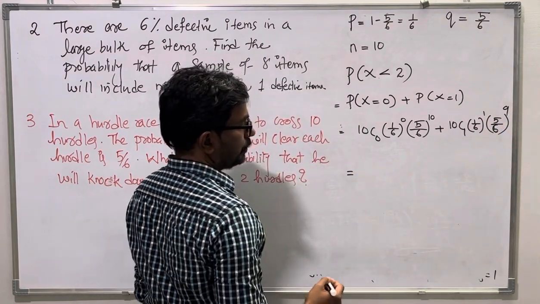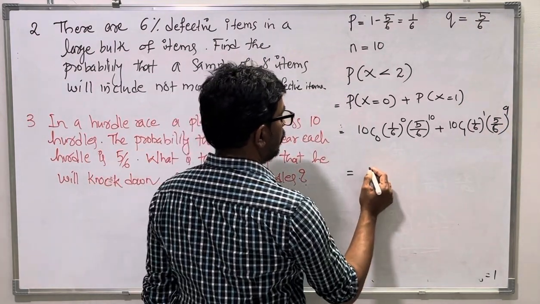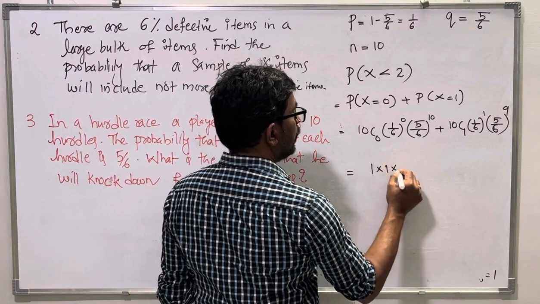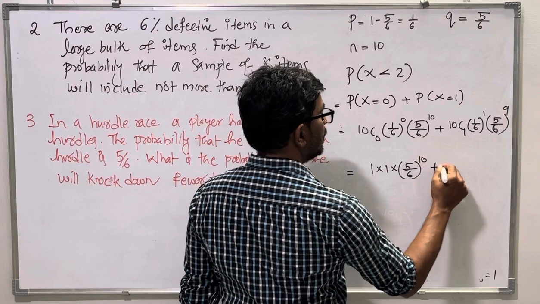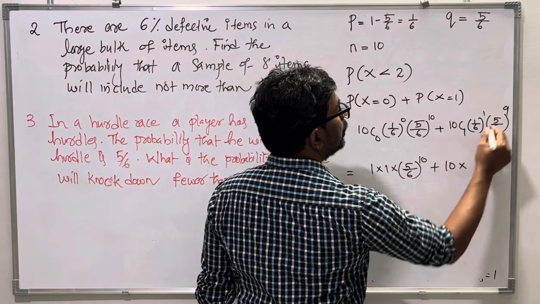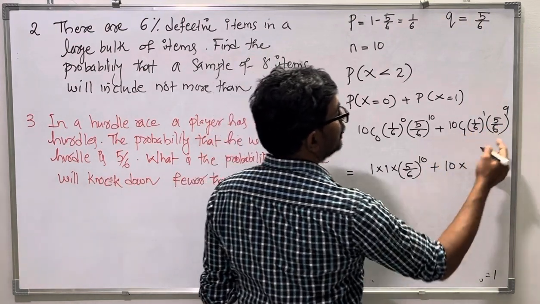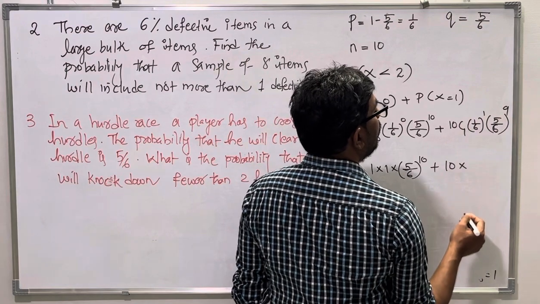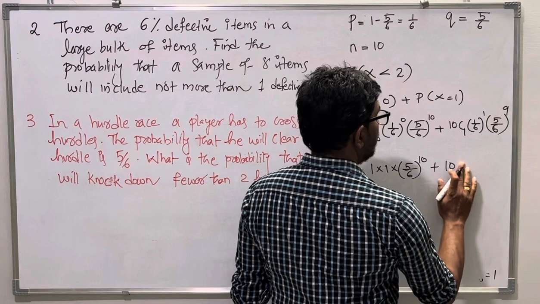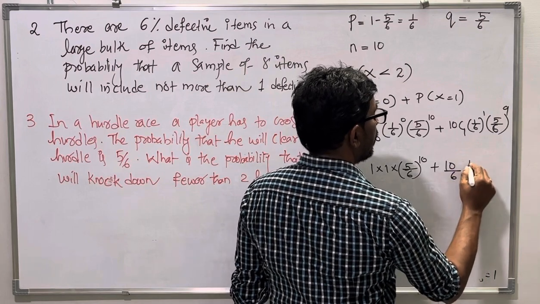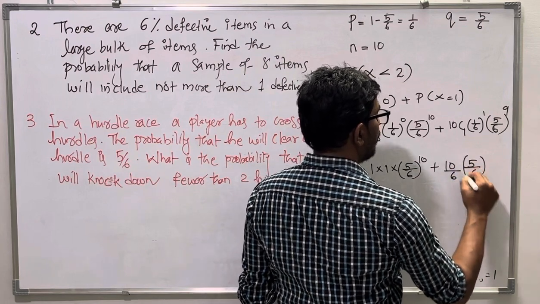So here 10C0 is 1, 1 into 5 by 6 to the power 10, plus 10C1 is 10, into 1 by 6, which we will write as 10 by 6 into 5 by 6 to the power 9.